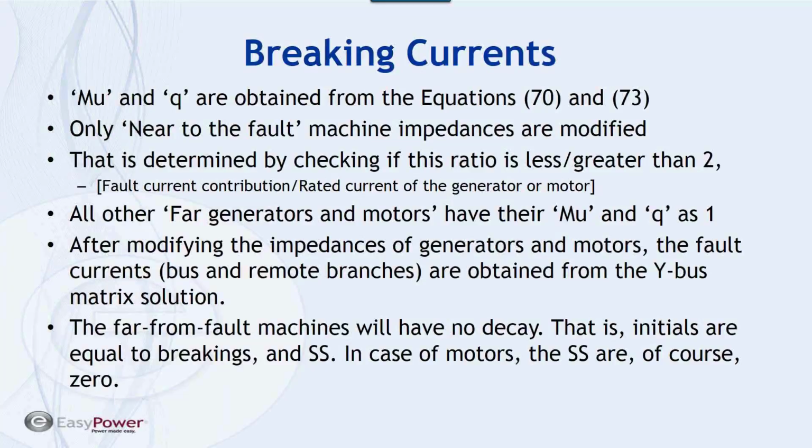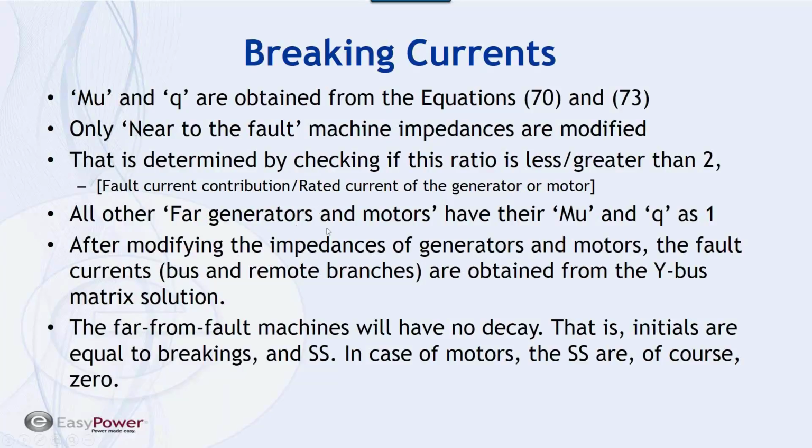Of course it will contribute, but it won't contribute significantly, which in other words IEC and EasyPower, following IEC rules, considers it as a far from fault machine, and then it's not going to modify the initial impedance values, resulting in seeing no decay from that machine.